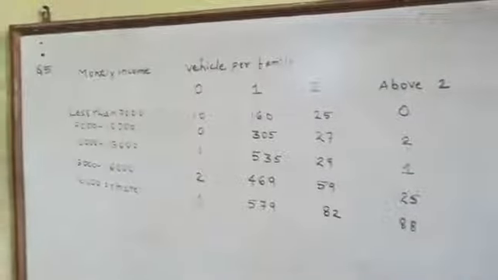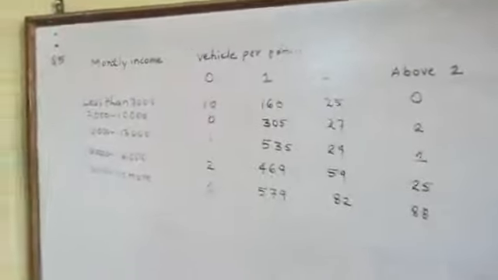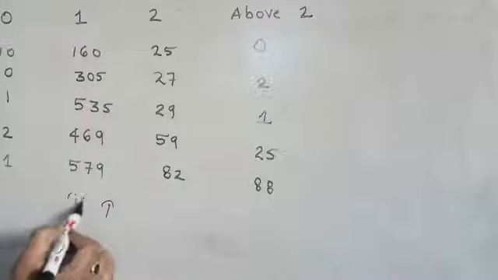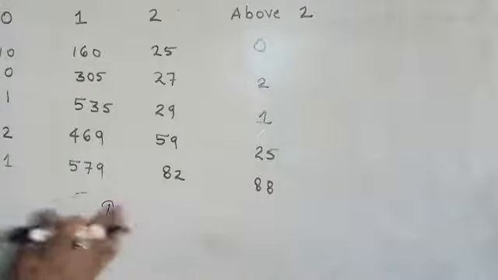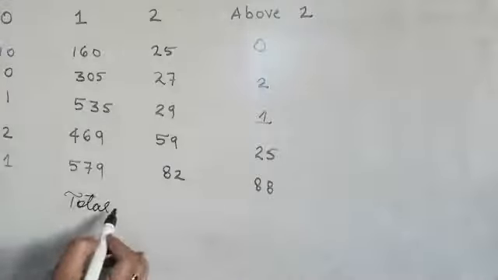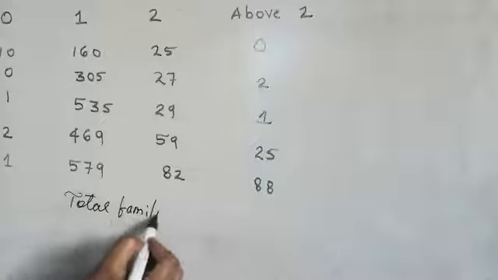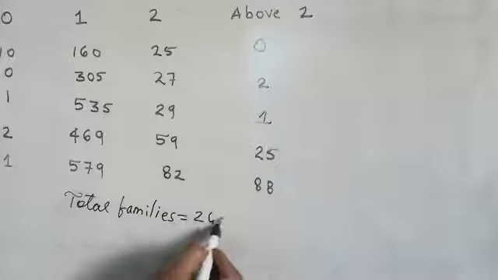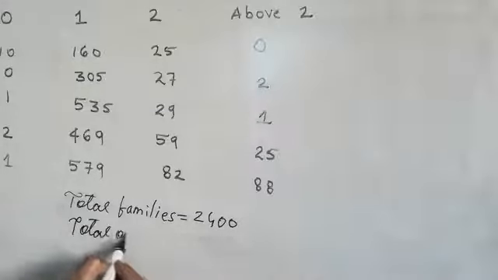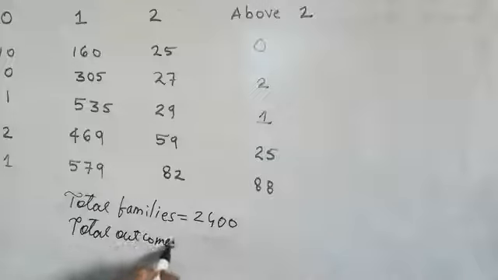So now we'll write: total number of families is equal to 2,400. That means the total outcome will be 2,400.